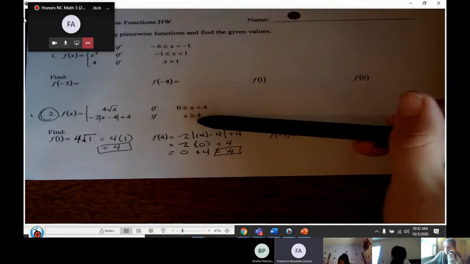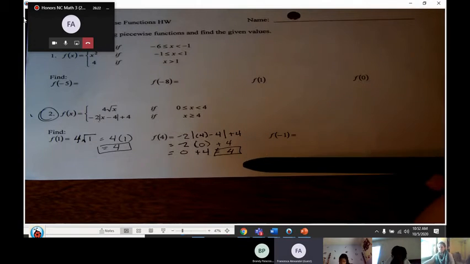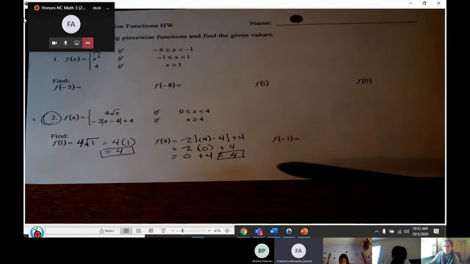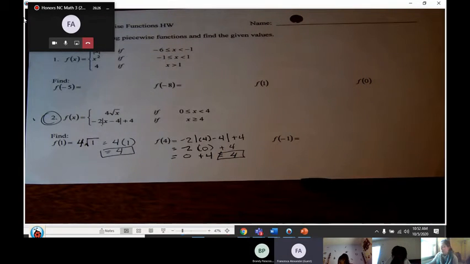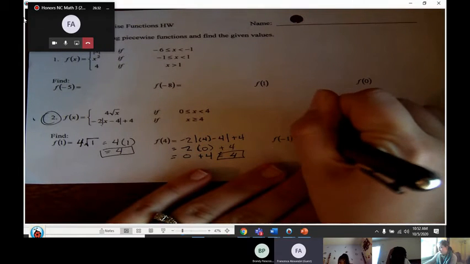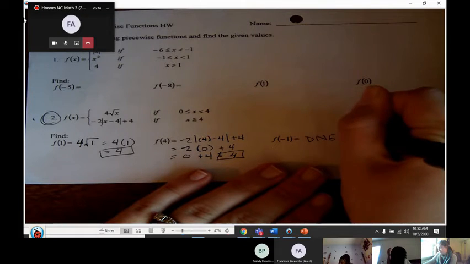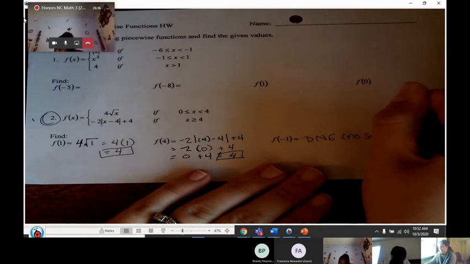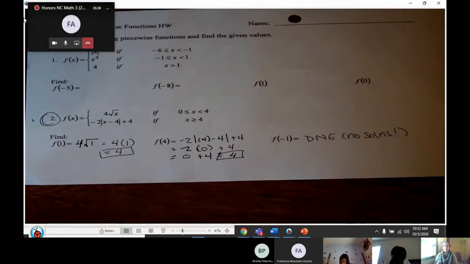Can it be in the second one? Is it bigger than or equal to 4? No. So this point just does not exist. Okay. So it's a trick question. There are no solutions.